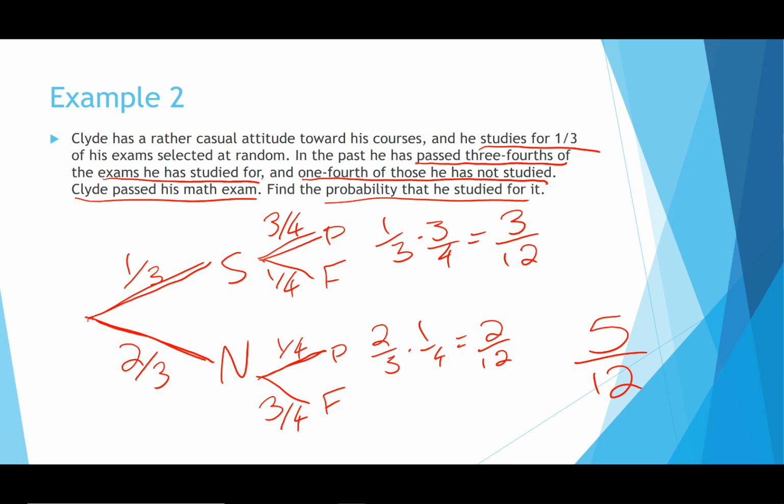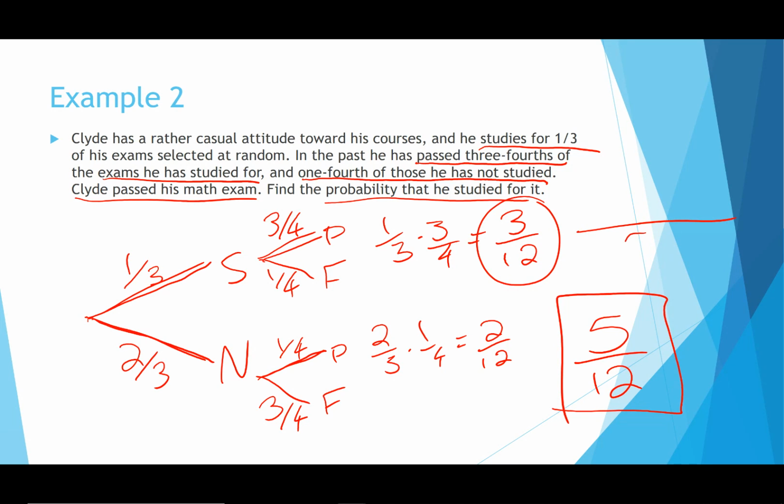Now, this is the total amount that he would pass. What's the probability that he studied and passed? Now, he studied and passed 3/12 of the time. So essentially, if you want to think of this as a fraction over fraction, we know he passed the test.